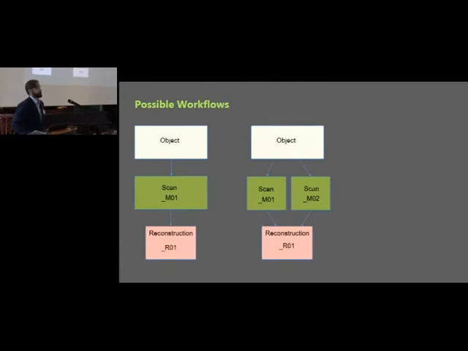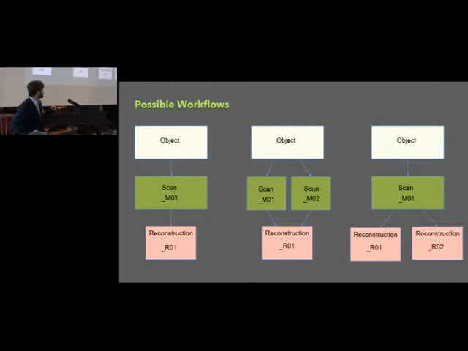So there are different possibilities. We can have a scan of an object where we just have one reconstruction. We can scan an object twice and do one reconstruction of 2 scans, so we have to combine also these identifiers, and we can scan an object and make different reconstructions of it, and much more.